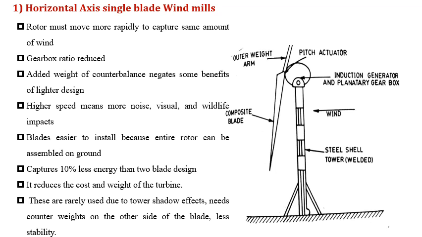Large blade root bending moment is possible. Starting torque is reduced by the ground boundary layer. Okay, that is one more disadvantage. One per revolution cyclic torque is produced due to flapping. Okay, so these are the disadvantages we can see in a horizontal axis wind turbine with a single blade.